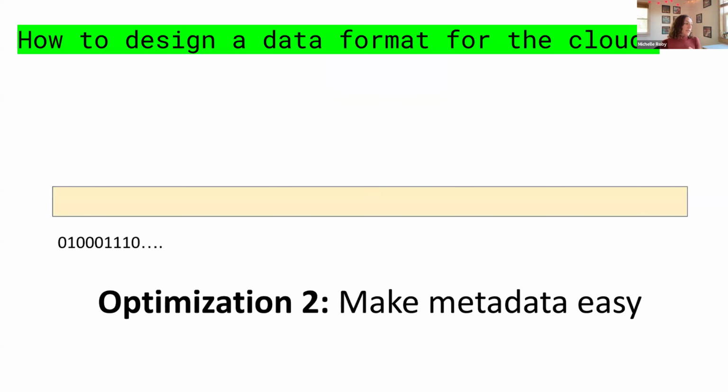The second optimization was making metadata easy. So before you actually open a file format, you need to know where things are. So if you just look at this and you just have a file on your computer, you would know maybe the size of it, but that's kind of it. And so in order to access only the parts that you want, you need to know where that data lives. So there's two pieces of metadata information that you would need to be able to just pull out the data that you want from that first optimization.